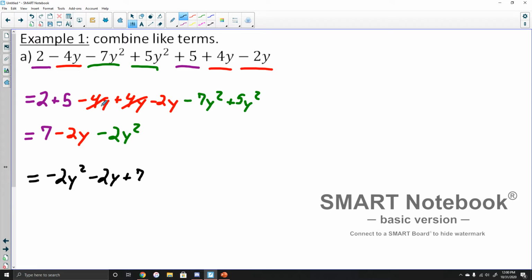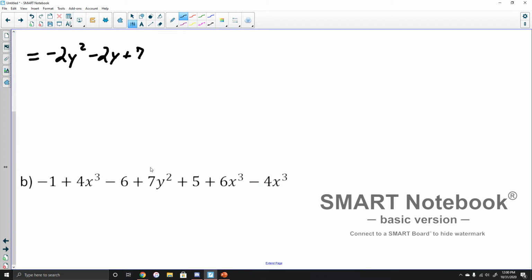We only combined things that had the same variable and exponent. We only combined this 4y and this 2y because they have the same variable and their exponents are the same, an invisible 1. And then same here, we only combined the y squareds because they're the same variable with the same exponent, right? A lot of people still want to combine y squareds and y's, but we can't do that.